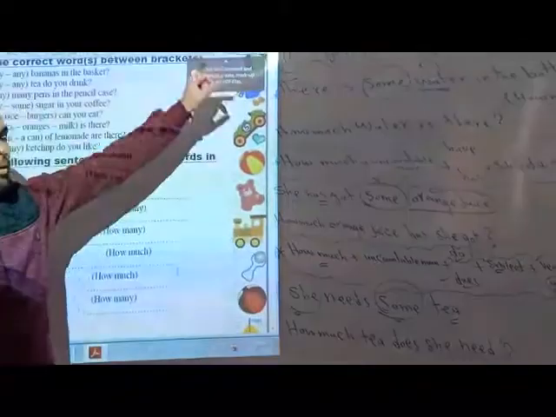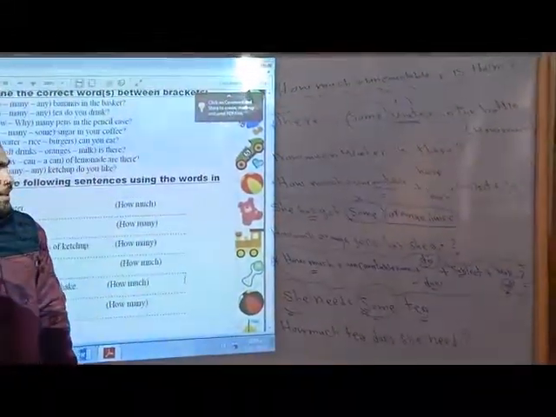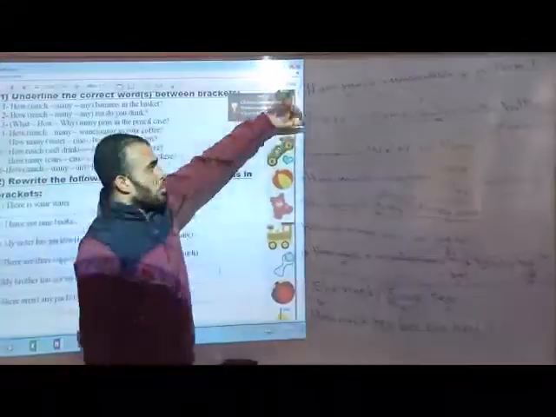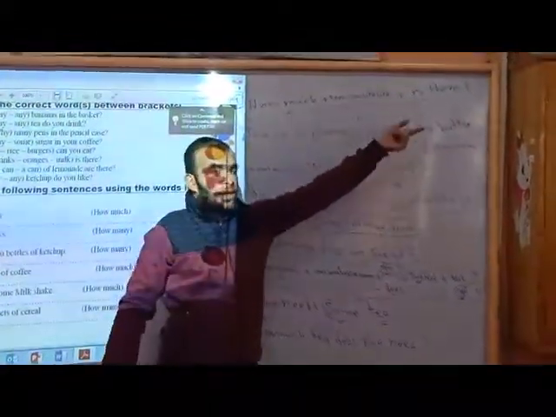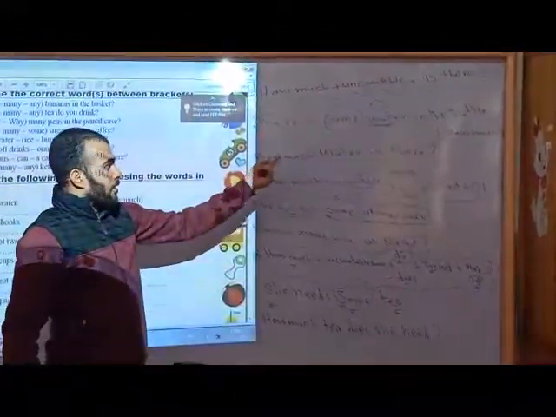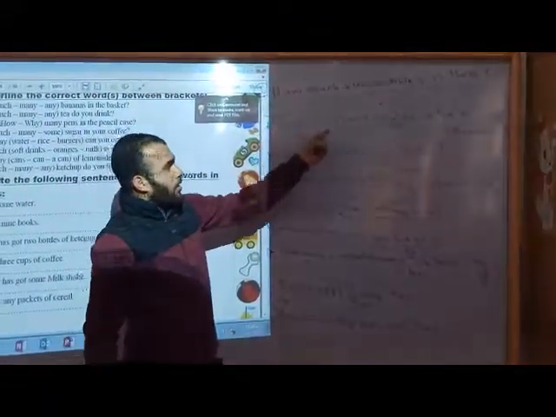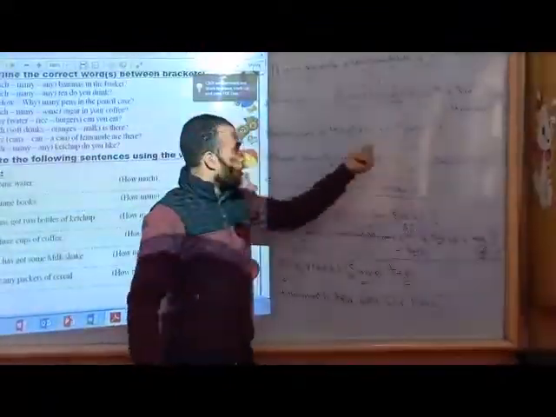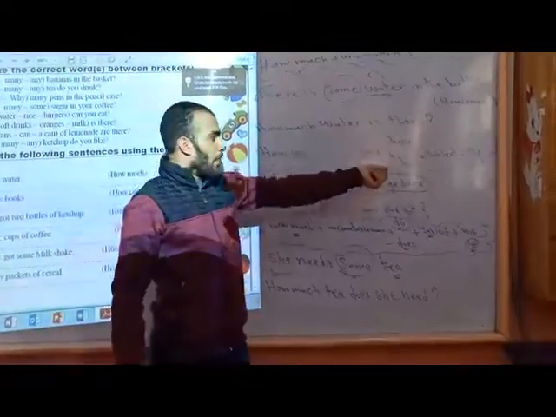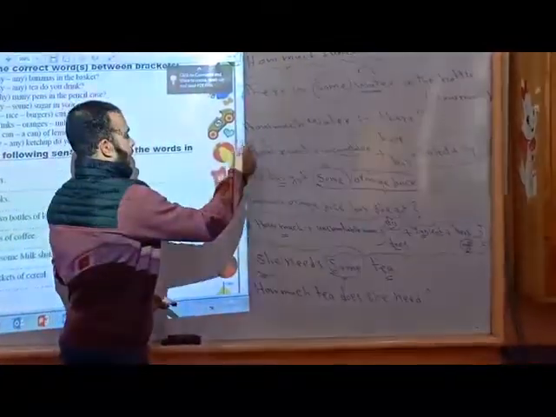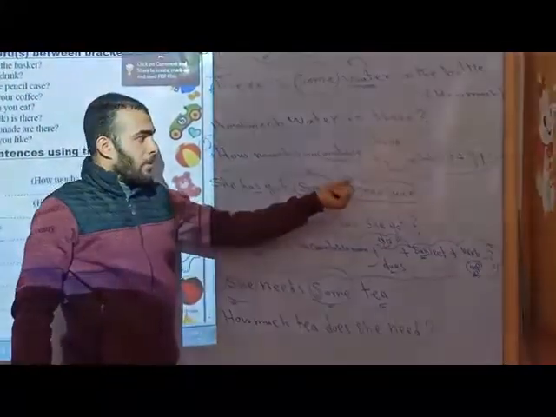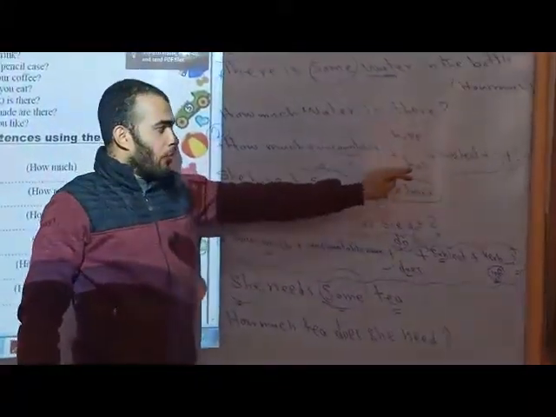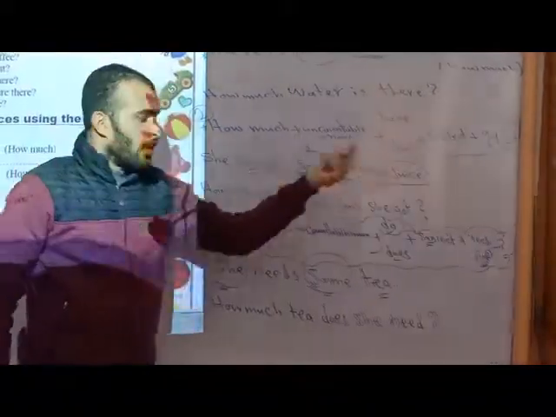This is all about the three cases of how much. Number one, uncountable noun with there. We have taken a sentence here: there is some water in the bottle. Use how much? How much water is there? Case number two, how much followed by uncountable noun, have or has, subject, got. Like what?